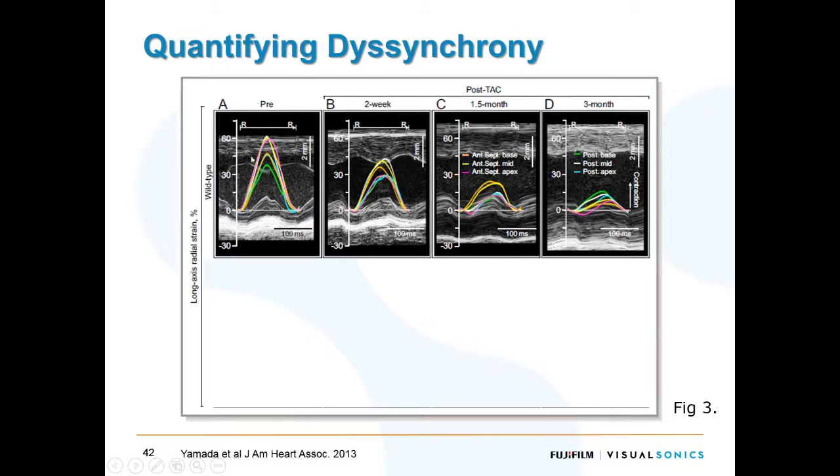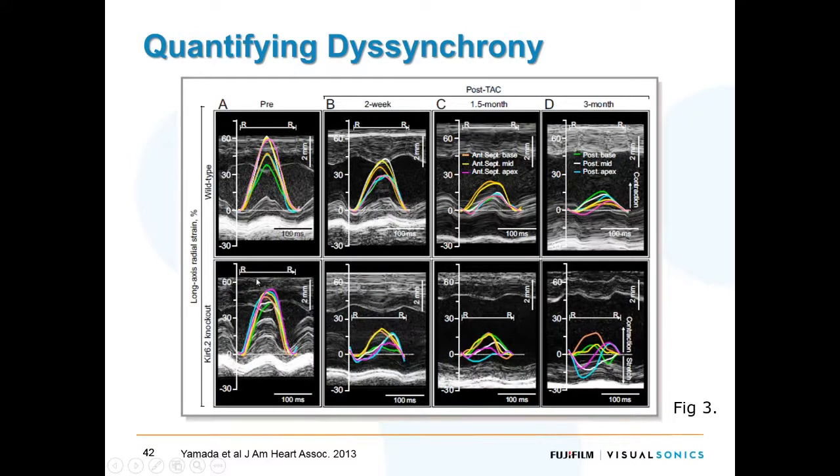And what she sees here in just one cardiac cycle that she overlaid on top of an M-mode picture, and this is long axis radial strain, not longitudinal, is that she's getting about 60, maybe 50 on average peak radial strain, but as the animal has greater and greater hypertrophy and cardiac dysfunction, we see a globally reduced strain. So it just starts decreasing, but you can see they're all pretty much in sync.